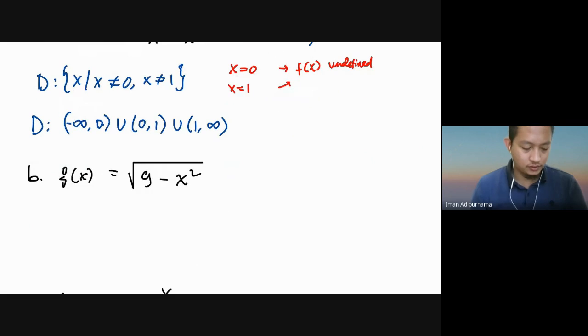And how about this one? This one is similar to what we have done before, the square root. We need to have 9 minus x squared greater than or equal to 0.